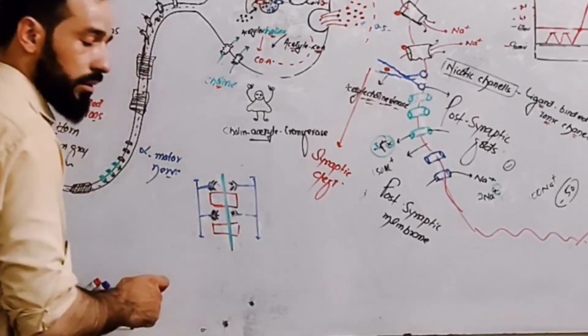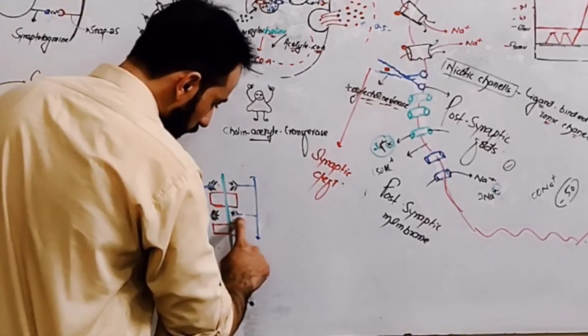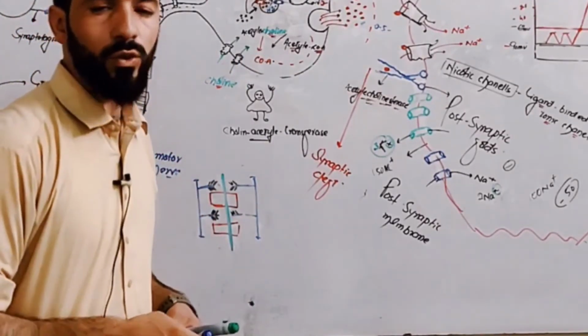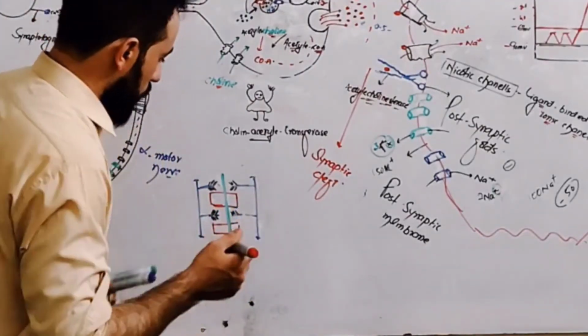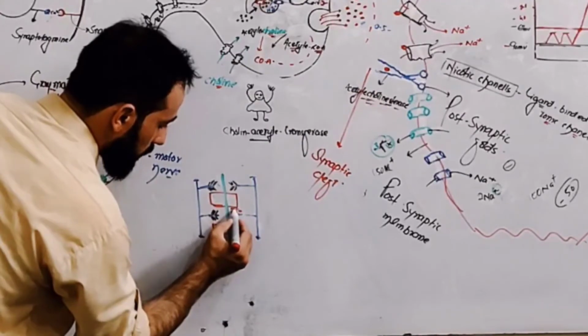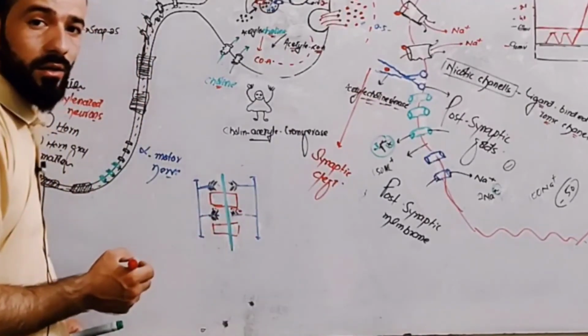And in these thin filaments, there are certain mechanisms, which is the physiology of the muscle. And when these calciums come and bind here, calcium binds here, calcium binds here, right?